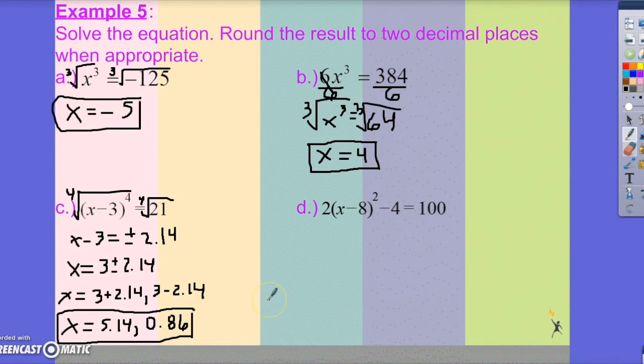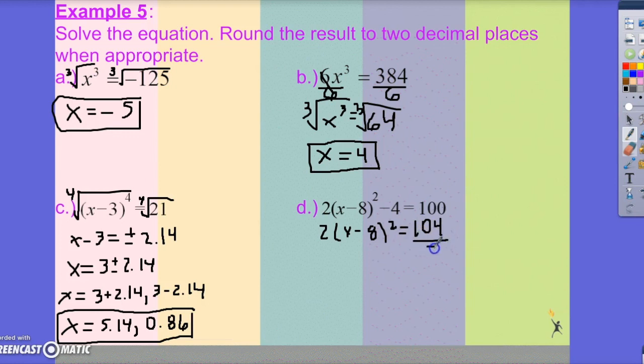All right. Last one here, D, very similar to C, but you see how the parentheses squared is not isolated yet, like in C. The -4 and a 2, we want to get rid of the -4 first. Bring the -4 over as a +4, which is 1 whole 4 then, right?